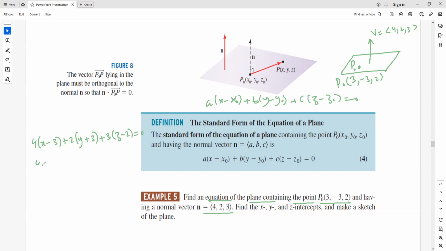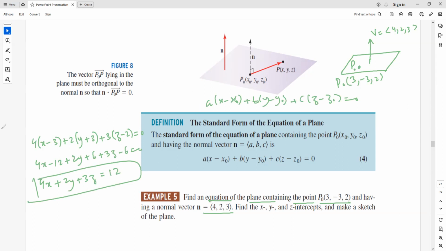Now we simplify this expression: 4x minus 12, plus 2y plus 6, plus 3z minus 6 equals 0. Further simplifying this, we get this equation. So that is the equation of the plane.